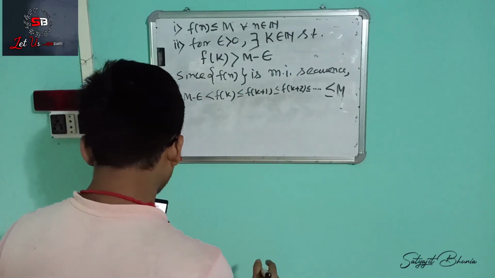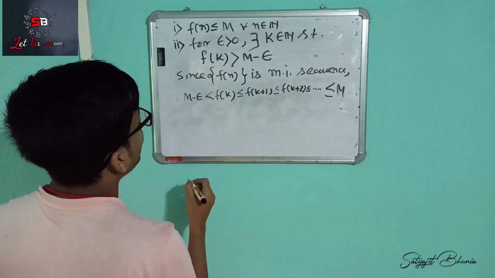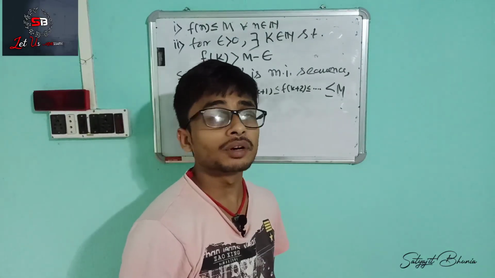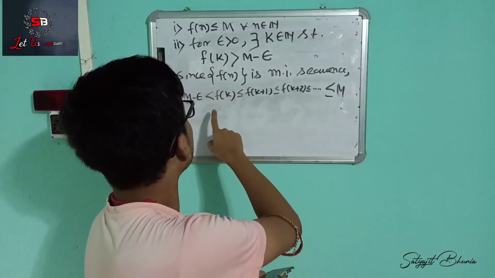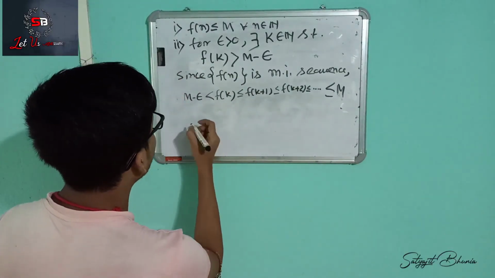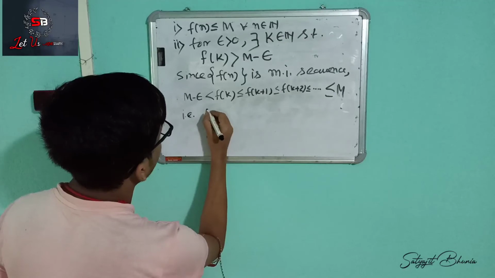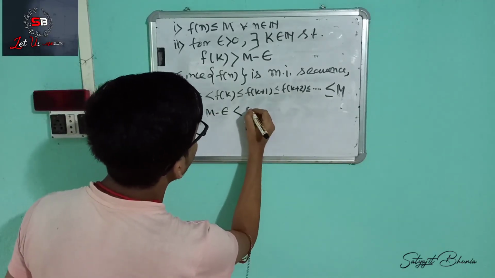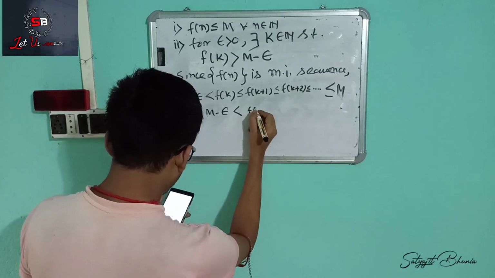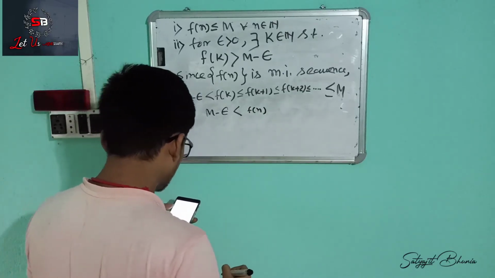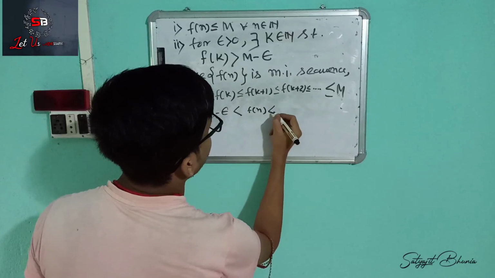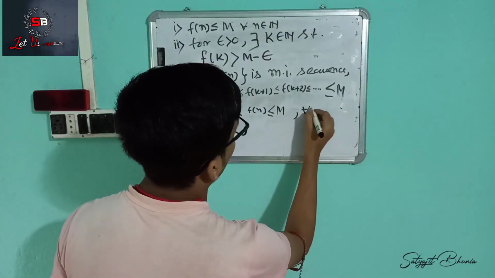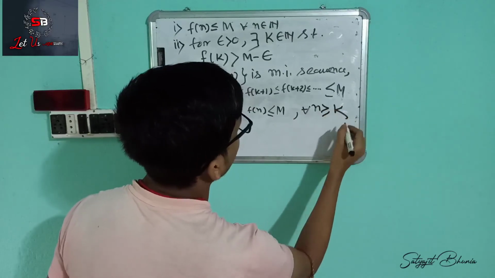So when the value of n is greater or equal to k, the sequence will satisfy the relation M minus epsilon is less than fn, lesser or equal to M, for all n greater or equal to k.